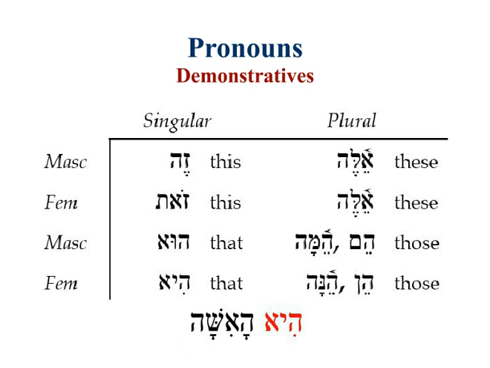Similarly, with the example he ha'isha, there are two translation possibilities. She is the woman, understanding he as a personal pronoun, or that is the woman, understanding he as a demonstrative pronoun.